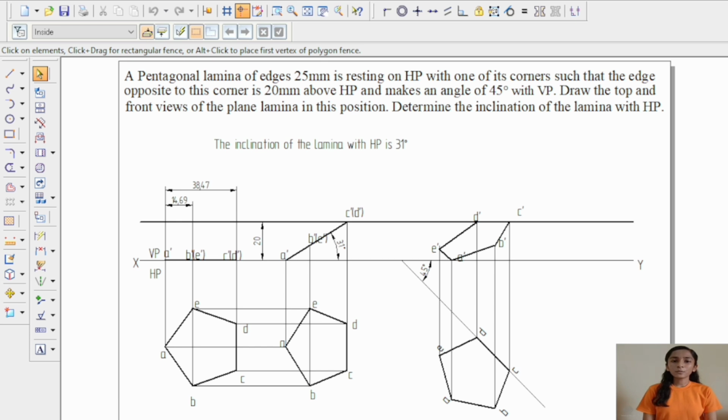Now to draw the arrow marks, we will be using leader command. Select the leader command. Since these projection lines are moving upward, draw the arrow mark in the upward direction. These projection lines are moving in a downward direction, so we have to draw the arrow mark in a downward direction.